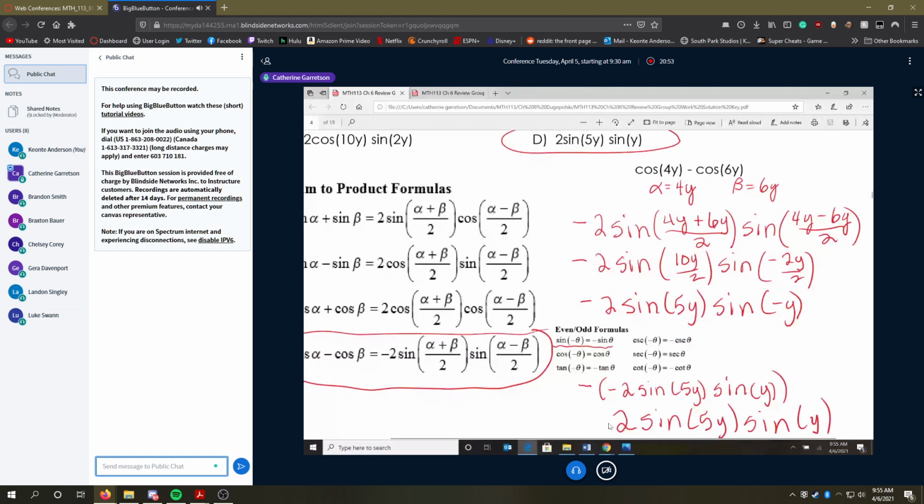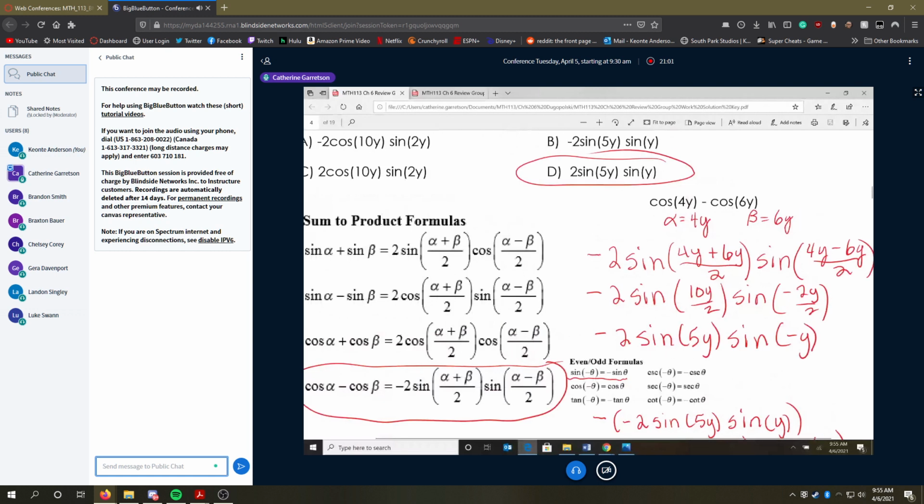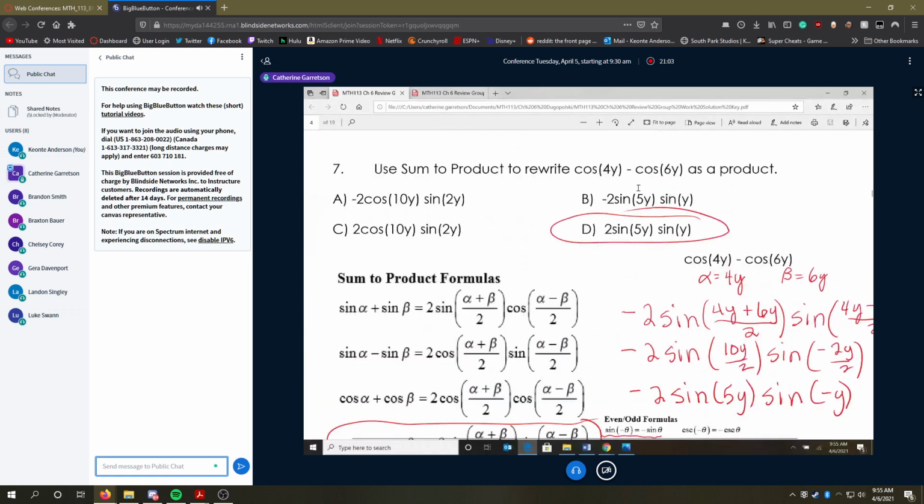So the correct answer would be 2 times the sine of 5y times the sine of y. And looking at my answer choices, I had 2 that had sine and sine. And if you're not careful, I would choose B because it's almost correct. The problem is that because of the even-odd identity, we have to multiply that by negative 1 to get a positive 2.